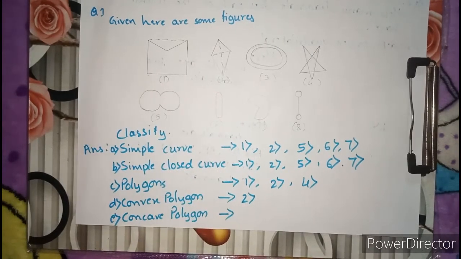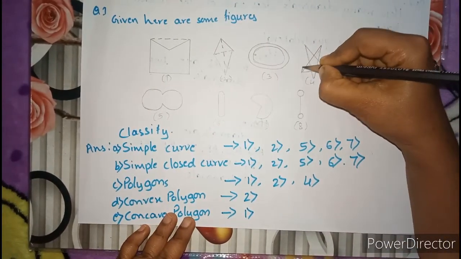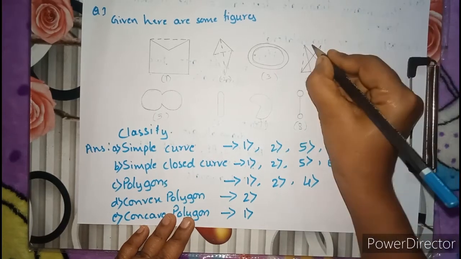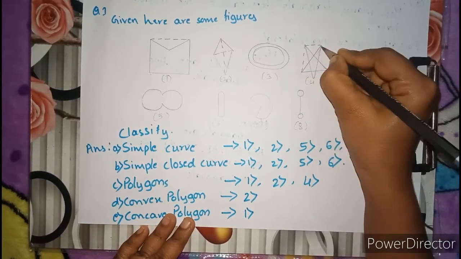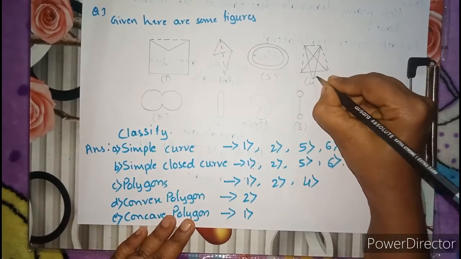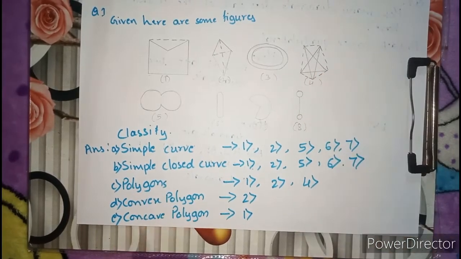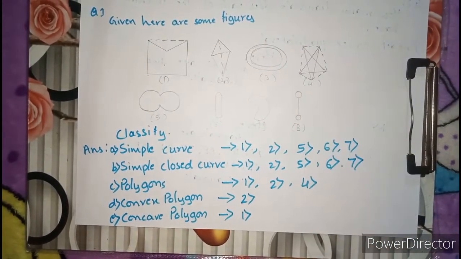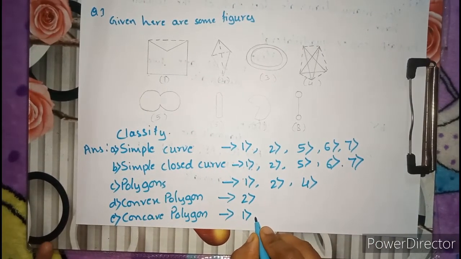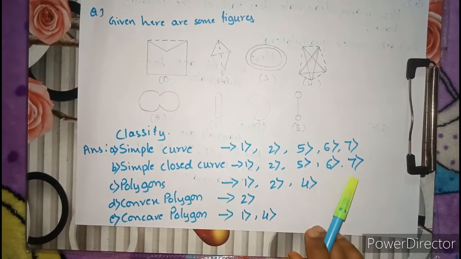So first one is a concave polygon and this third one, diagonals drawn from here to here, here to here, here to here, these are all exterior to the figure. So this is a concave polygon. First and fourth are concave polygons. Okay, I hope you all understood.